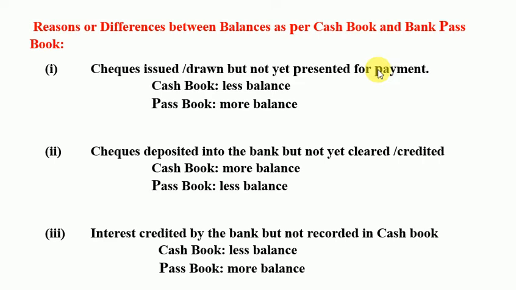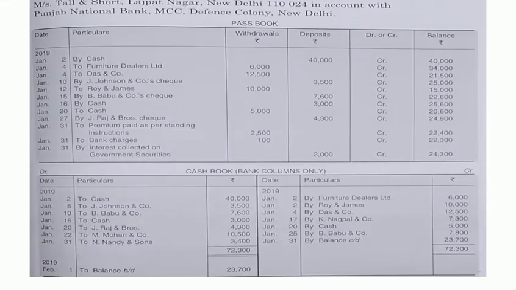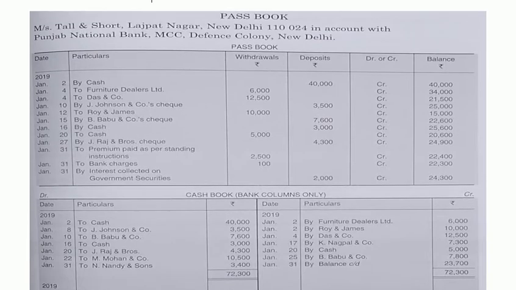Children, to make this point clear, I will take you to the same specimen of cash book and passbook of Messrs. Tall and Short, which we discussed in the previous class. If you see here, on January 2, on the cash book credit side, there is a posting by Furniture Dealers Limited, 6,000.